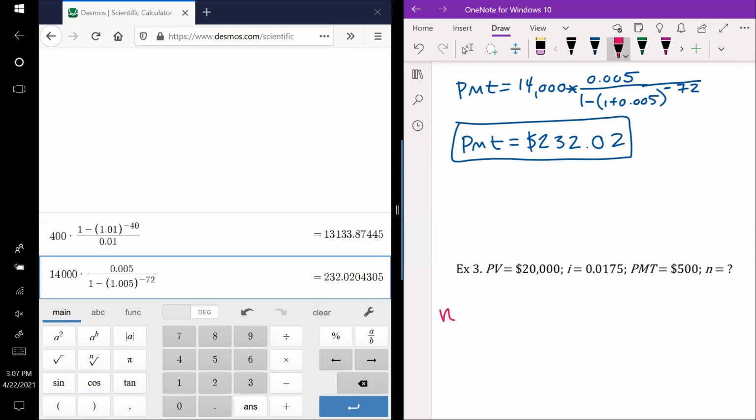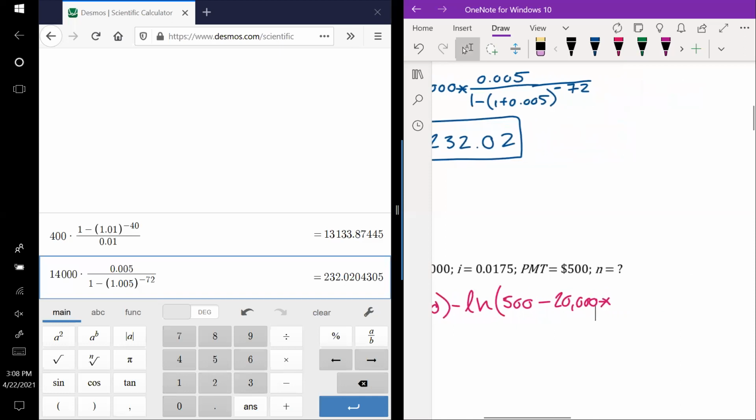So we're going to get N equals the natural log of the payment, so natural log of 500, minus the natural log of the payment, which is 500, minus the present value, which is 20,000, times I, which is 0.0175.